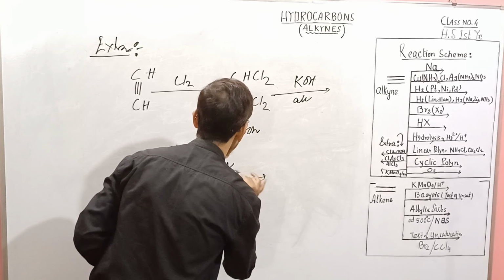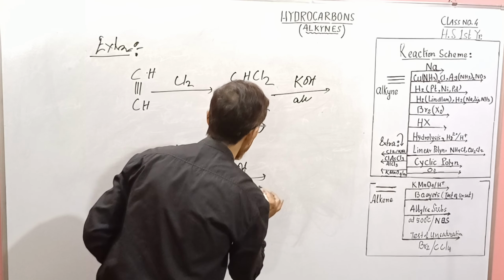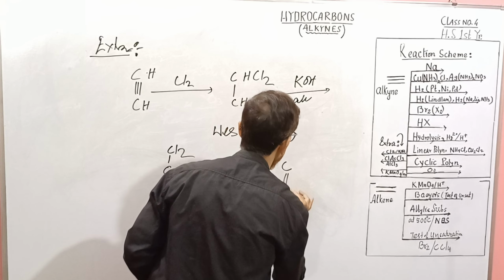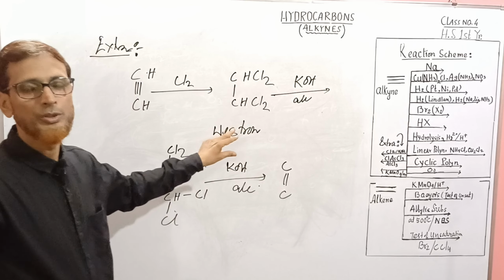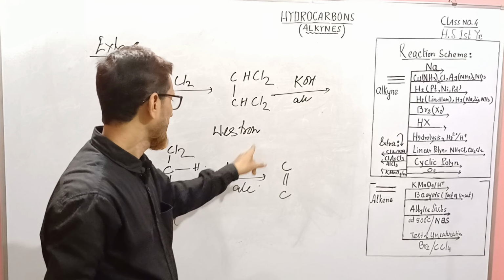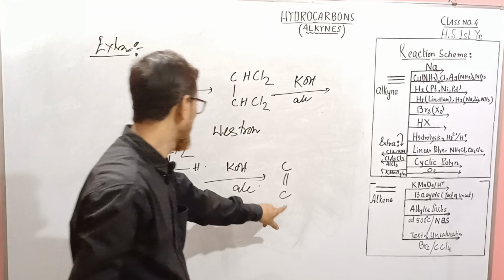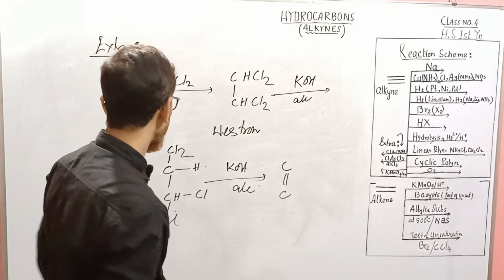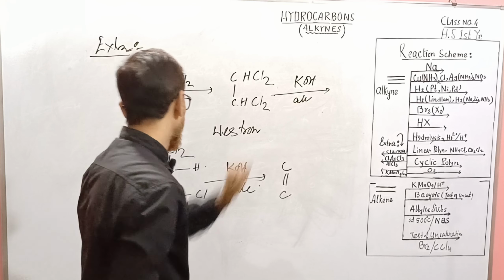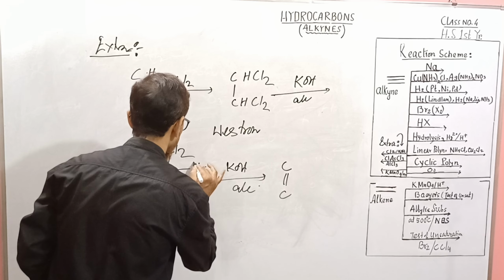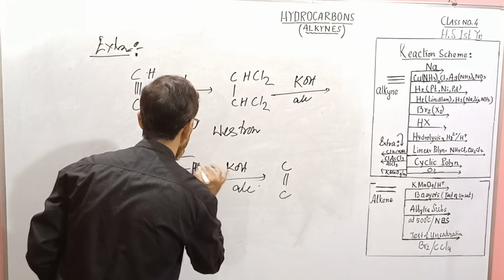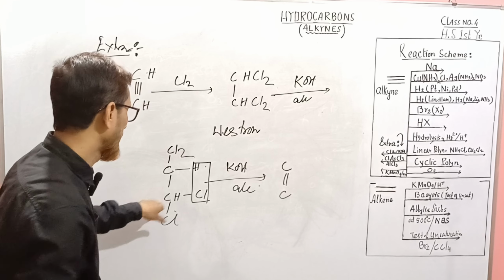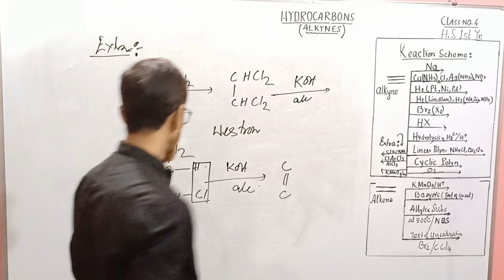With alcoholic potassium hydroxide, I told you, your answer will be alkene. In an earlier class, I told you it is an elimination reaction. Now let's see what happens. Very often you can't write the answer. You see that one hydrogen and one chlorine from two different carbons go out.